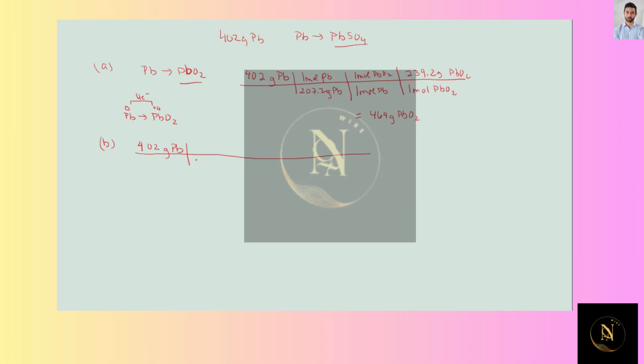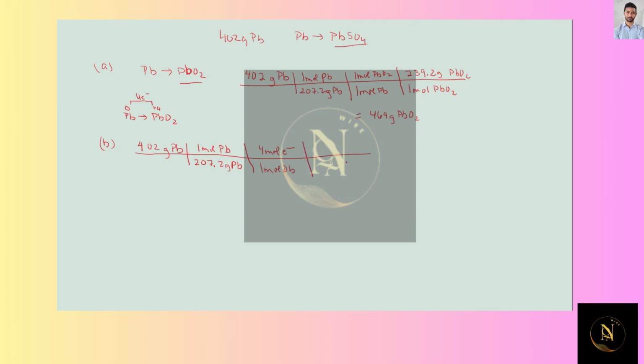So again, I'm going to go from grams of Pb to moles of Pb. 207.2 grams of Pb is 1 mole of Pb. And then I want to go to electrons, because electrons are going to get me to coulombs using Faraday's constant. So in this case, for every 1 mole of Pb, there were 4 moles of electrons being transferred.